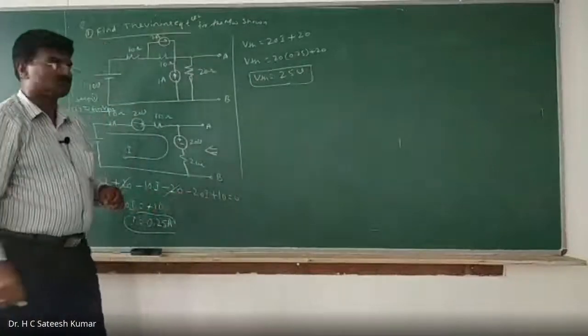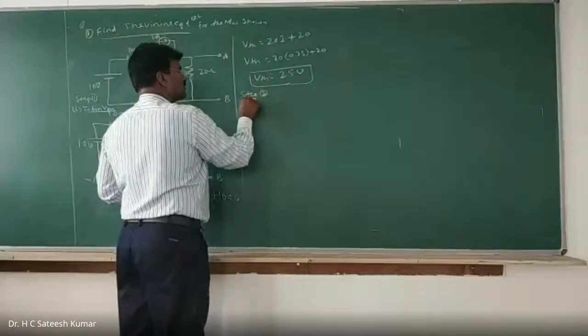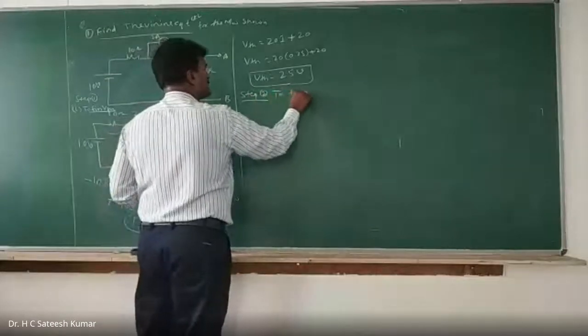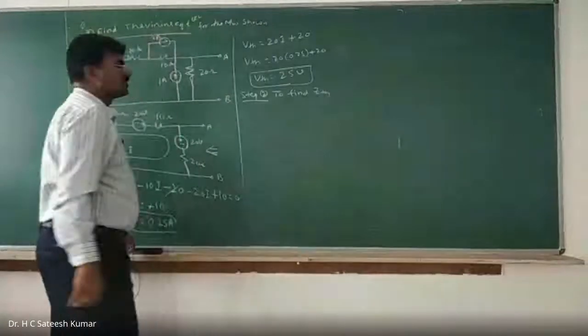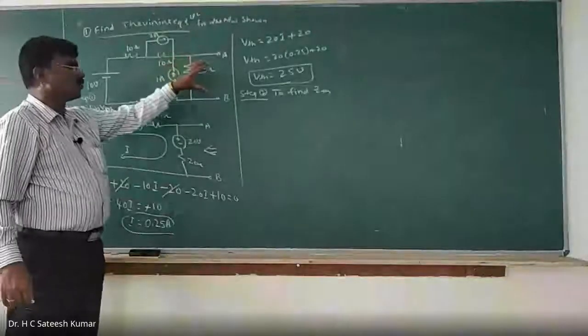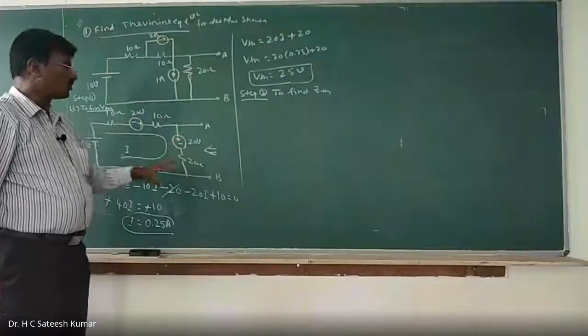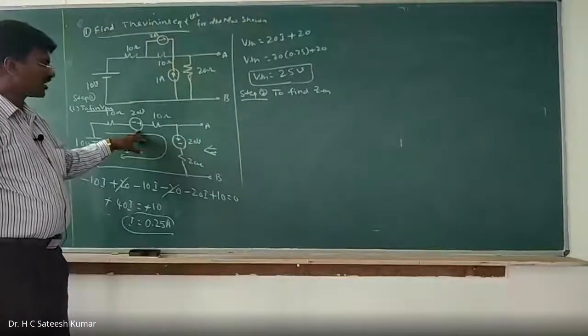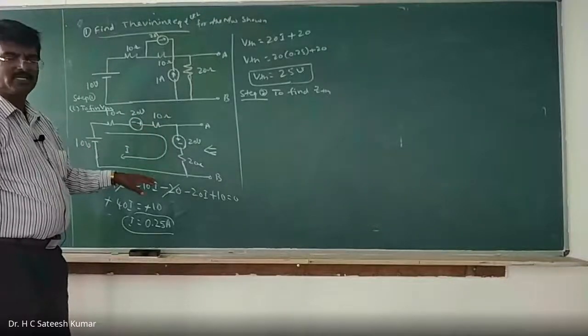Next, step 2, to find ZTH. ZTH is the open circuit impedance seen from the load terminals, keeping all the sources 0. Voltage sources are made 0 by short circuiting. If you have current sources, they are replaced by open circuit.